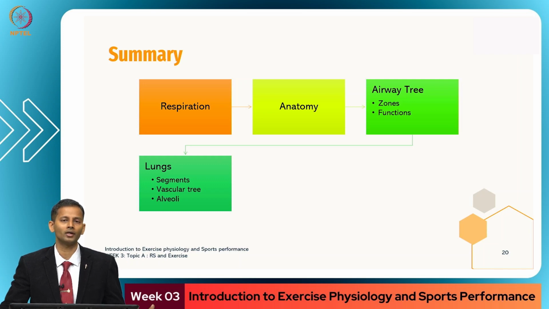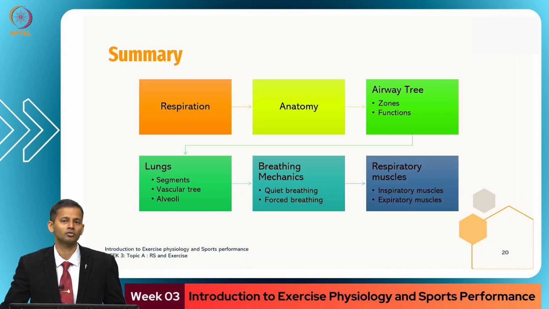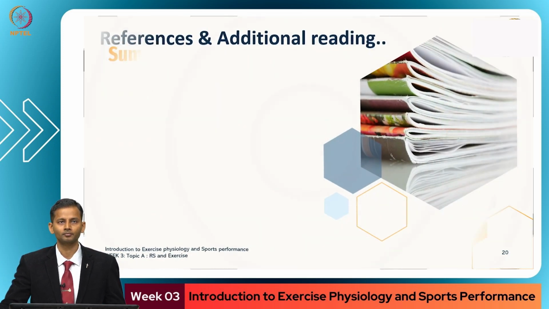We also saw in detail the different parts of the lungs, the segments, and the alveoli, how the breathing happens, the inspiration and the expiration, and how it differs with respect to quiet breathing and forced breathing. We also saw the various respiratory muscles that help in inspiration and expiration.